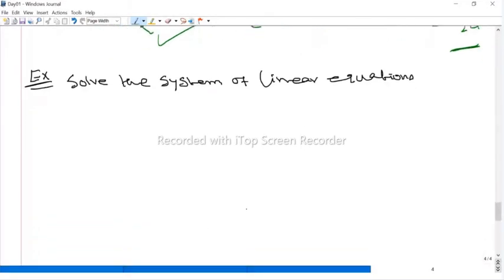Now what is the system of equations? The first equation I can take as 2y plus 4z equal to 2. There is no x term here. But the second equation contains the x term: x plus 2y plus 2z equal to 3.